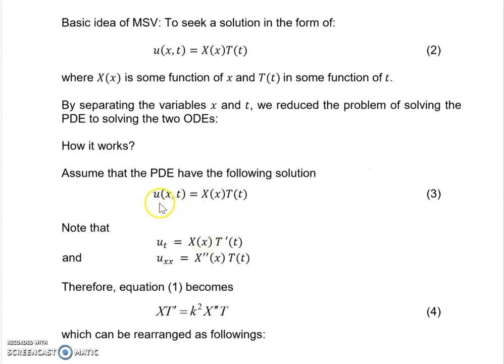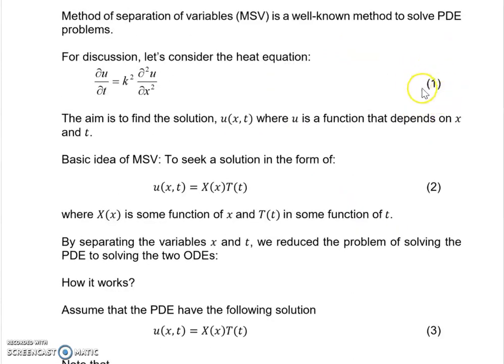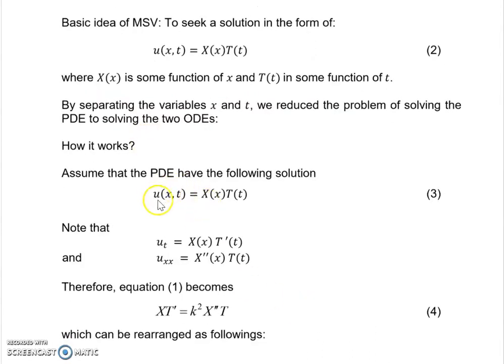Again, the basic idea is to assume the solution is in the form of X times T. Let's denote this as equation 3. By equation 1, we have del u del t, the derivative of u with respect to t. If we find del u del t, we differentiate t only.